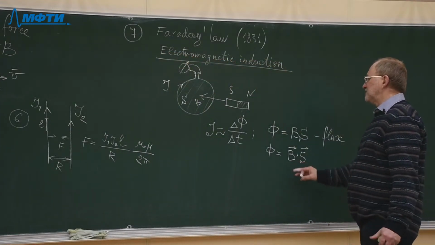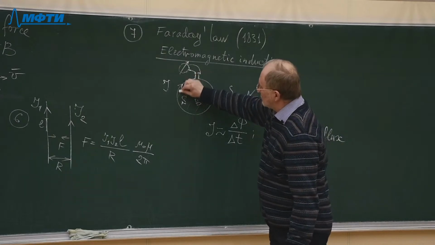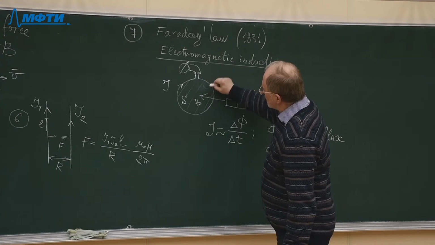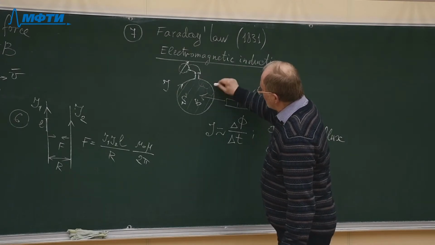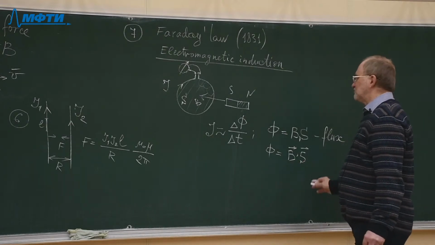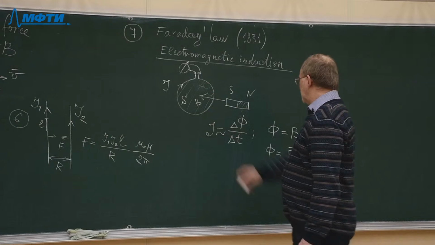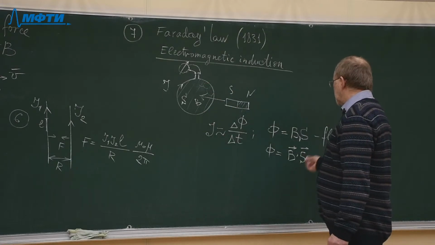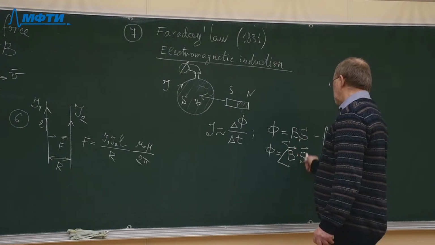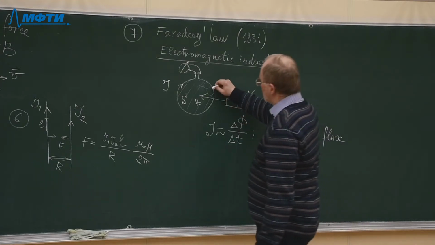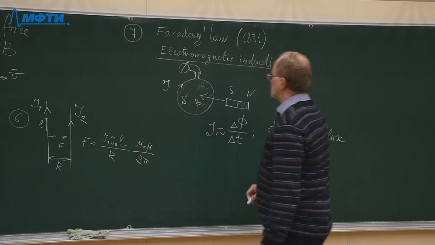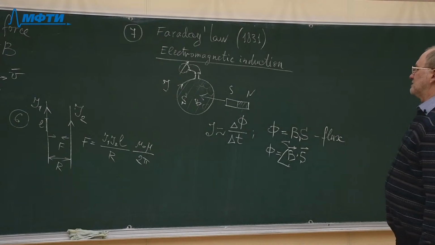And if the magnetic field is different in different parts of this area, then we have to divide the total area into small parts, and calculate the scalar product of two vectors for each part, and then sum up all these fluxes for every small area which is arranged inside this loop.